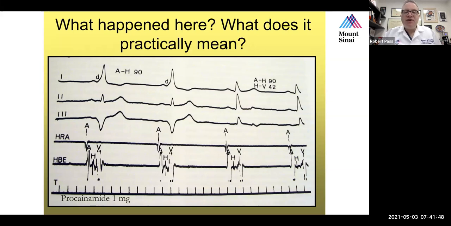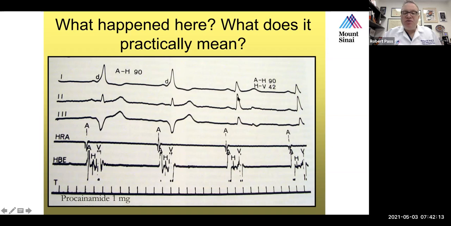Remember that the HV interval is measured from the H to the earliest V in any lead that is being displayed on the computer. And so if we look at the pre-excited beat, in your mind's eye, you could say that the onset of the QRS, the beginning of the delta wave, is pretty much on time with the H here. So the HV in the pre-excited beats would be basically 0.